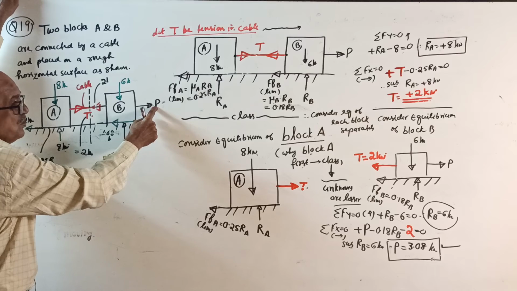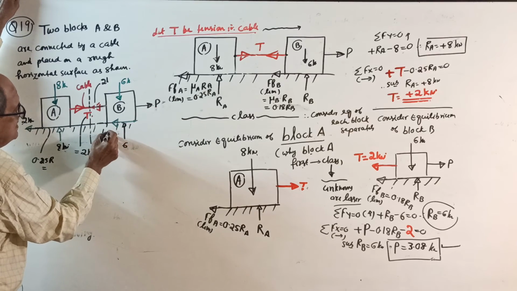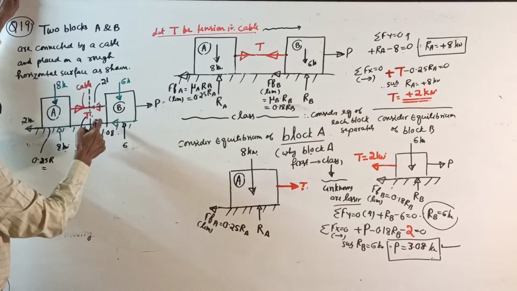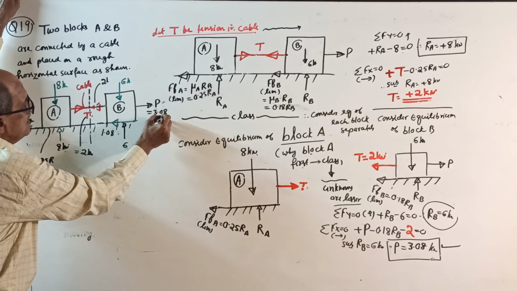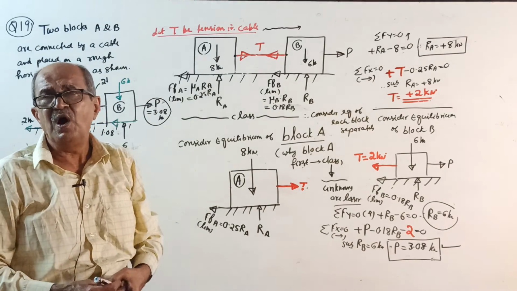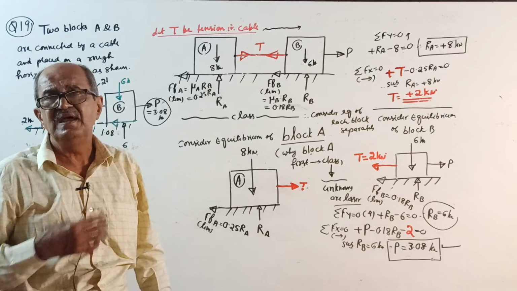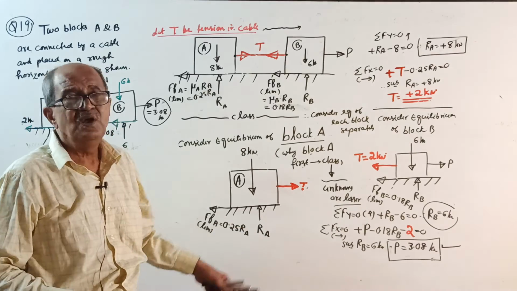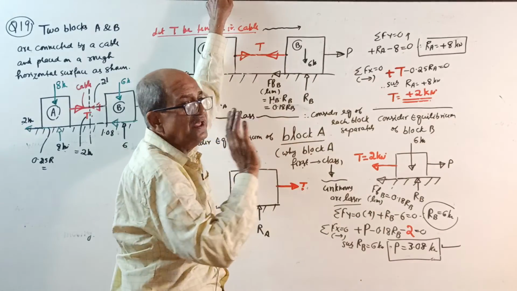So this force has to overcome friction of 1.08 and tension of 2. 2 plus 1.08 equals 3.08 kilonewton. You can solve it by observation without a calculator because round numbers are there. That is if it comes in a competitive examination, but in the class we will solve systematically.